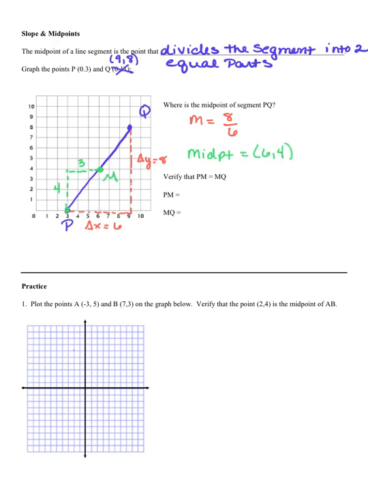To verify that segment PM is the same length as segment MQ, we're going to use the Pythagorean theorem. Because we're using slope triangles, we just created right triangles.